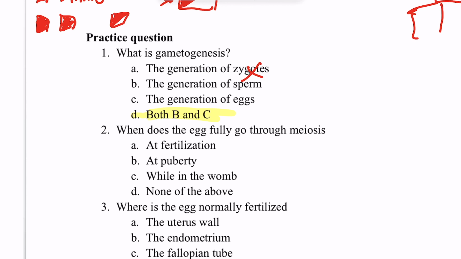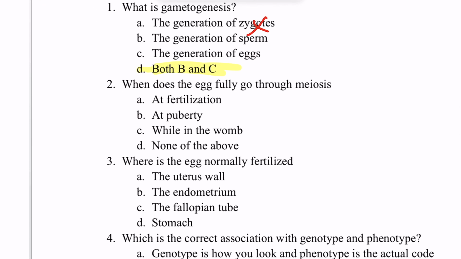All right, number 2. When does the egg fully go through meiosis? Correct answer is A, fertilization, right? We talked about this when we talked about oogenesis. It's going to be arrested at meiosis.